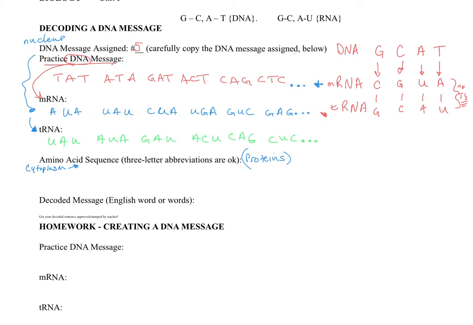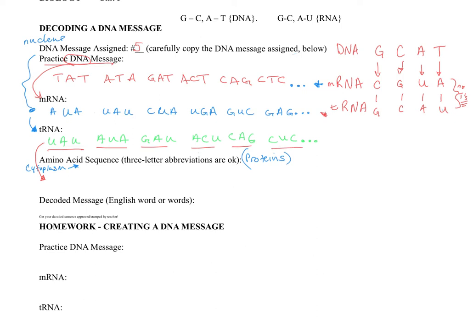All right, so out in the cytoplasm, we're going to have to translate this guy here, okay? And how we do that is through the triplet codons. These are codons, 3 letters, triplets. We're going to go one at a time.